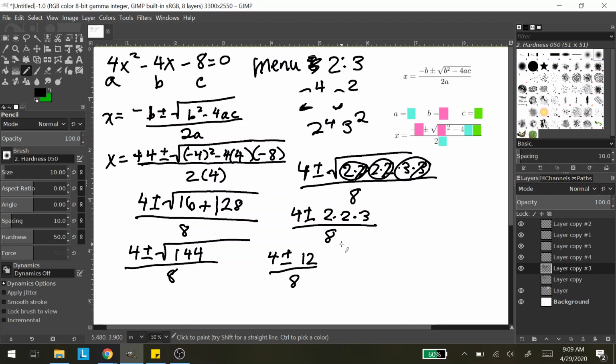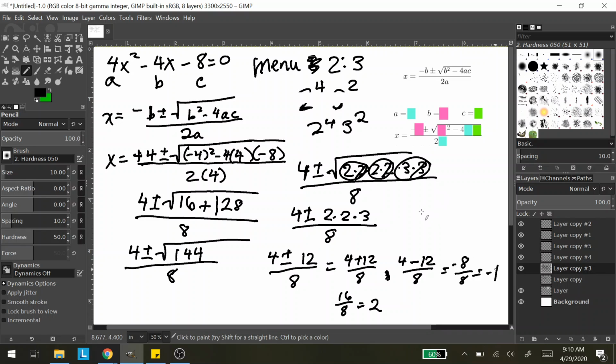So I've got two different answers now. I'm going to have 4 plus 12 over 8, and 4 minus 12 over 8. 4 plus 12 is 16 divided by 8, which is 2. 4 take away 12 is negative 8 divided by 8, which is negative 1.